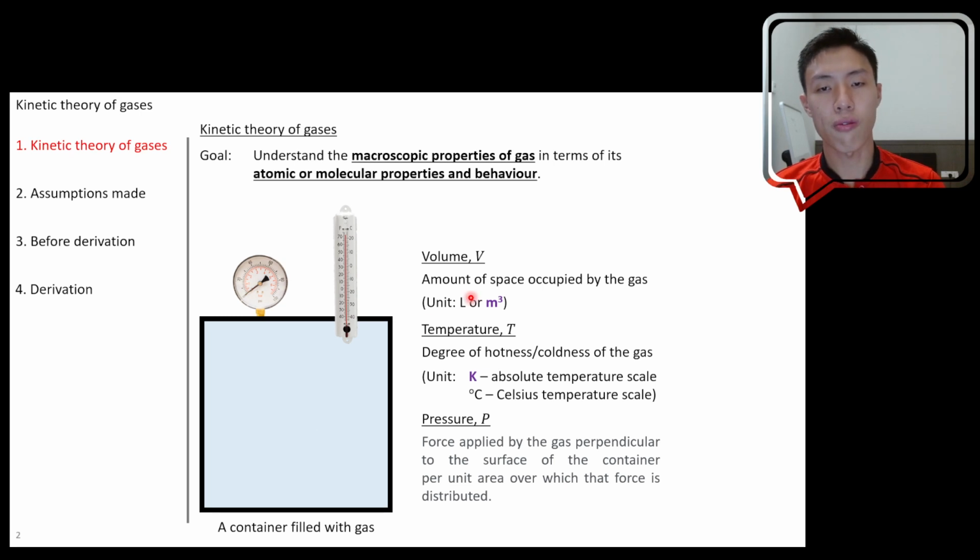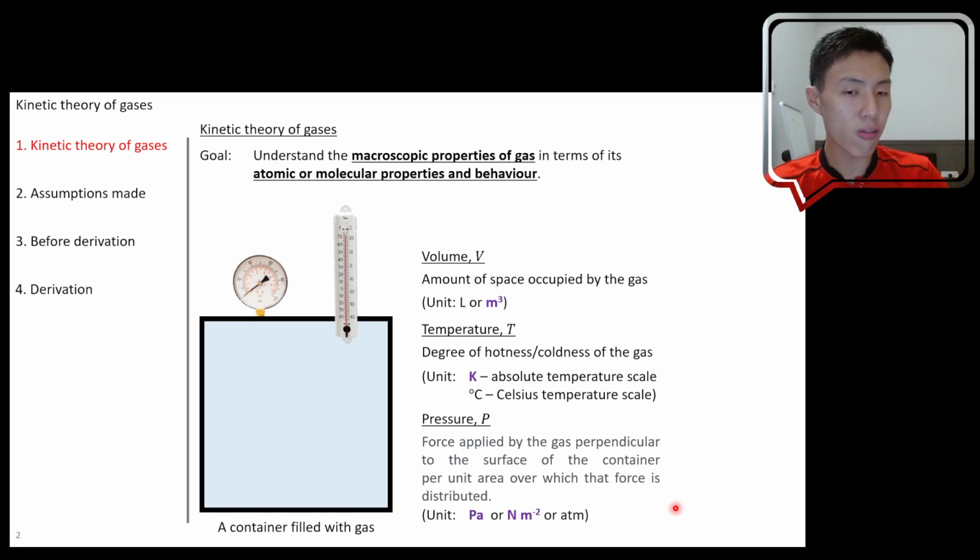So you have volume, temperature, and pressure, and how do you relate them together? Pressure has a lot of units: Pascal, Newton per meter squared, atmosphere, and mmHg. For the sake of discussion in physics, we usually keep it consistent by measuring in Pascal or Newton per meter squared.